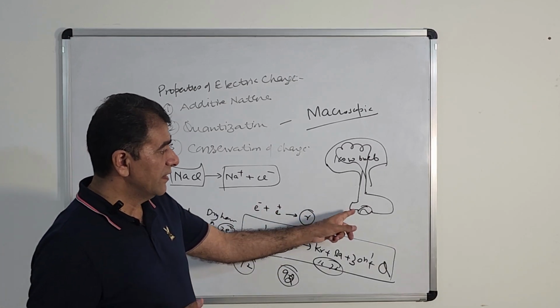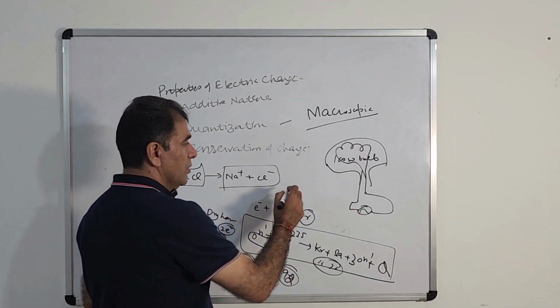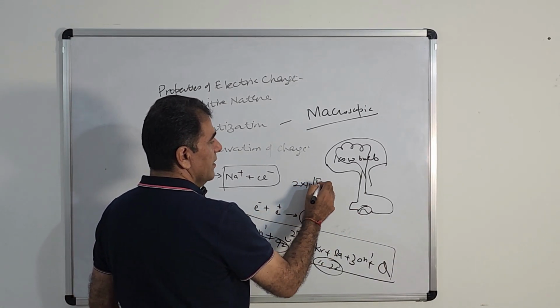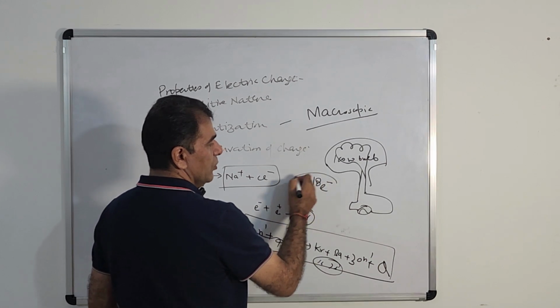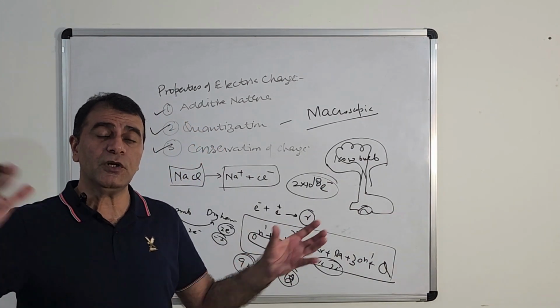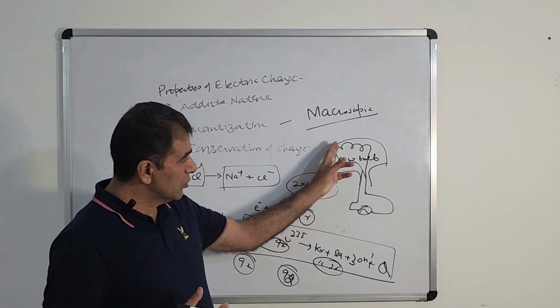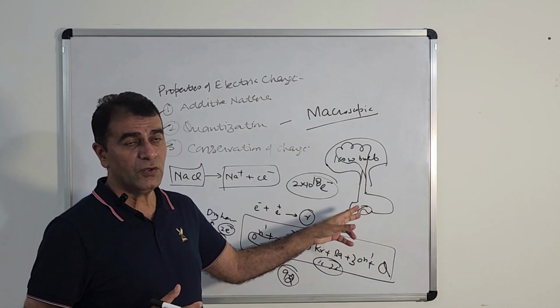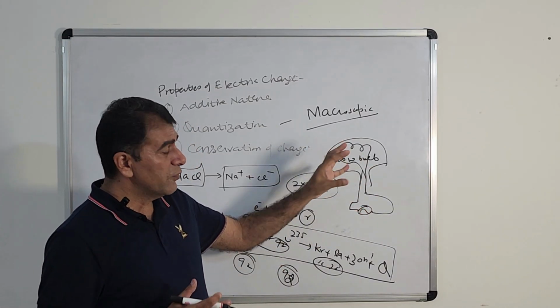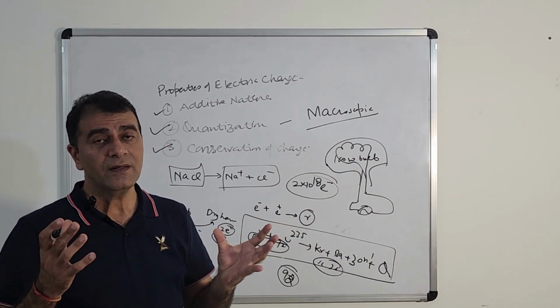Now in 1 second from this source, 2 into 10 to the power 18 electrons pass through this filament, and the filament glows.